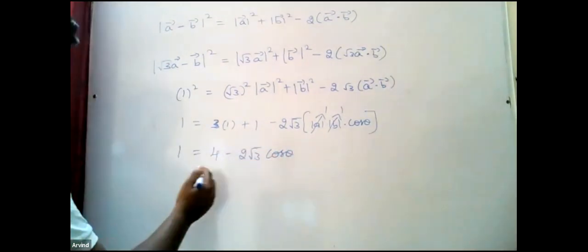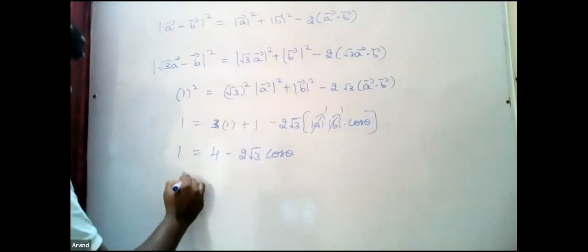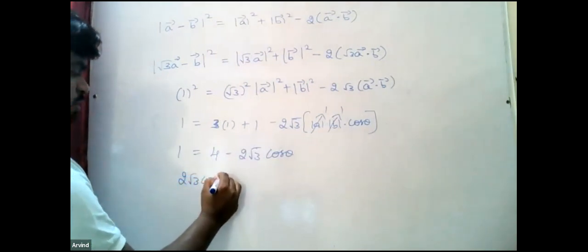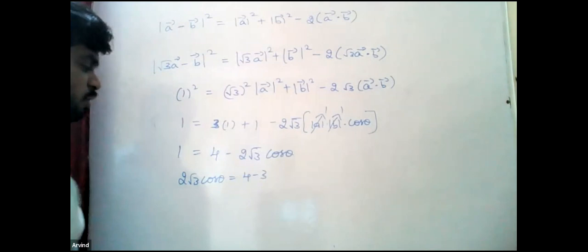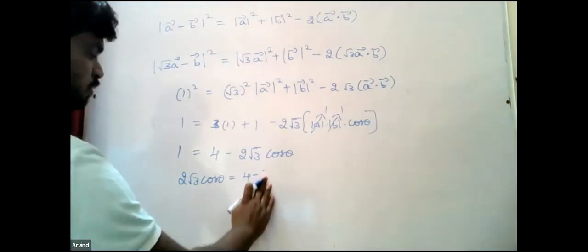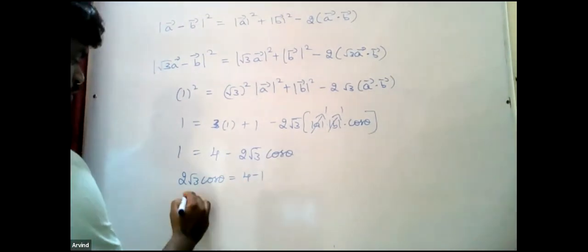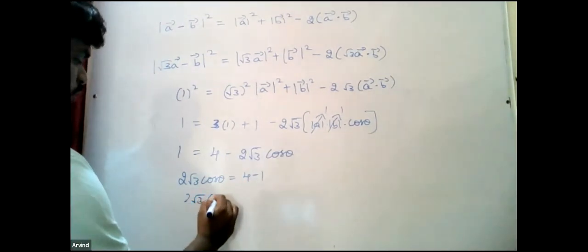Okay, so send it this side. 2 root 3 cos theta equals 4 minus 1. So 2 root 3 cos theta is equal to 3.